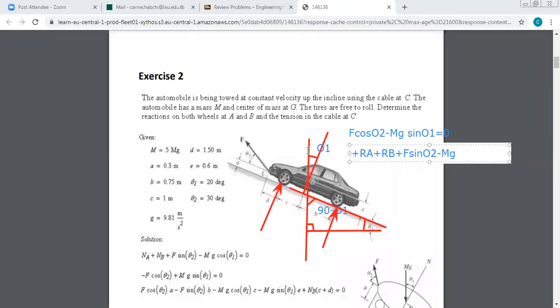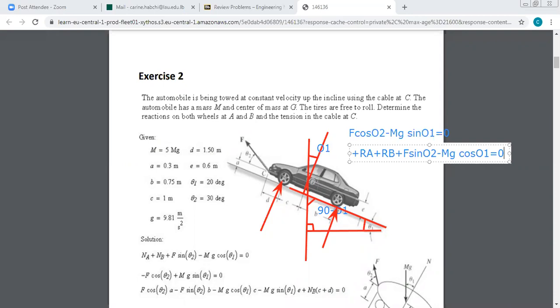We said that the angle of weight with y is theta 1, so times cosine theta 1, equals 0. This is our equation number 2.